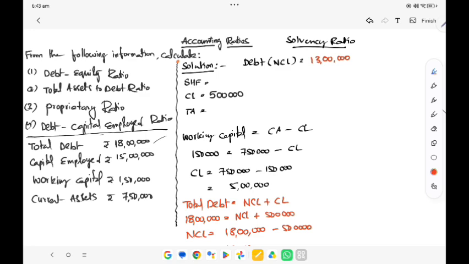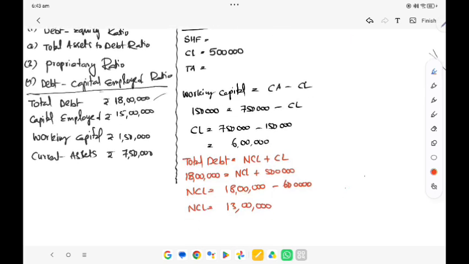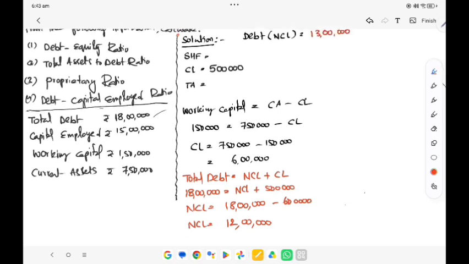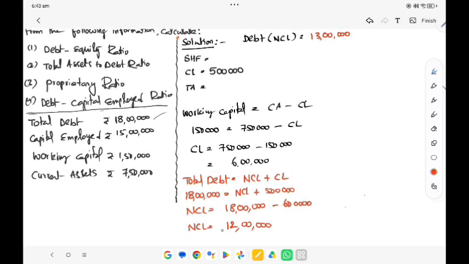One minute, here some mistake is happening. 7,50,000 minus 1,50,000 is 6 lakhs. So current liability is 6 lakhs. So 18 minus 6, 12 lakhs. Okay, so now we have non-current liability as 12 lakhs.